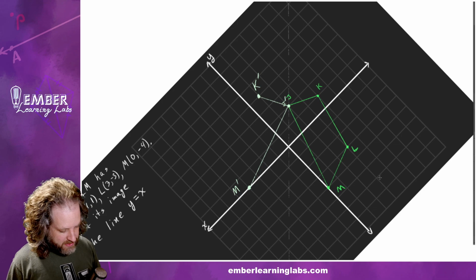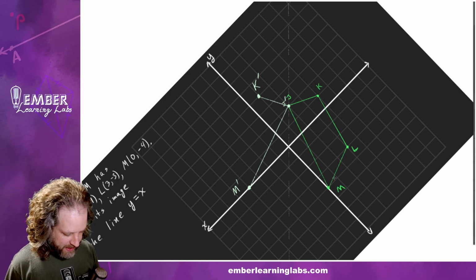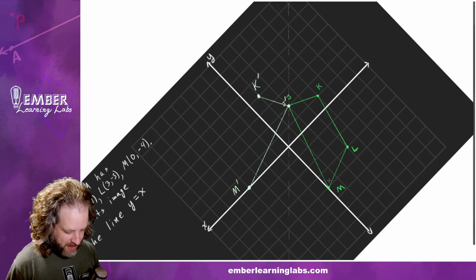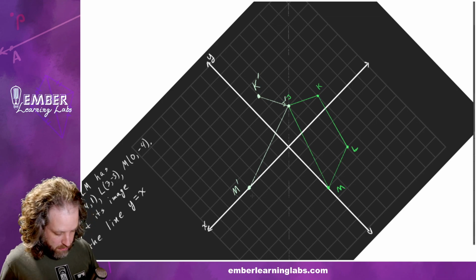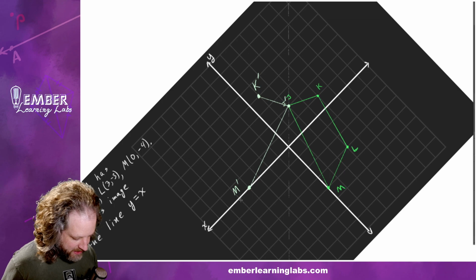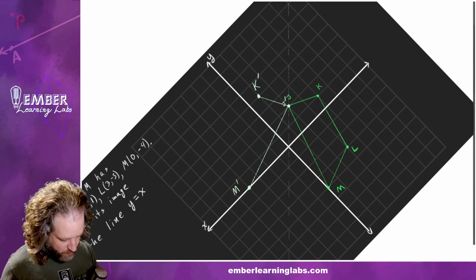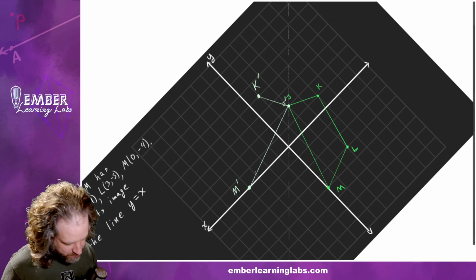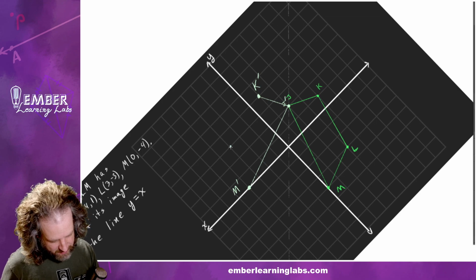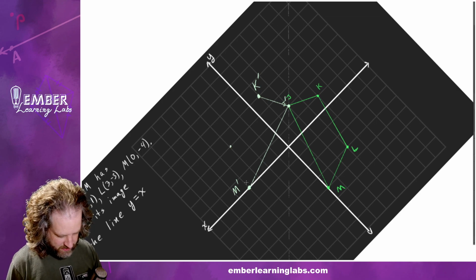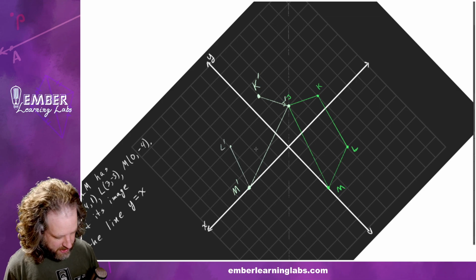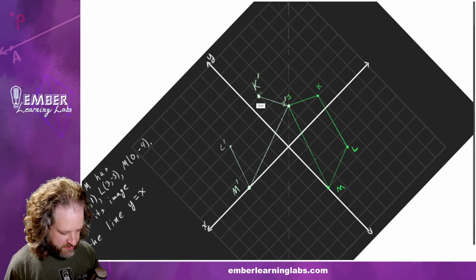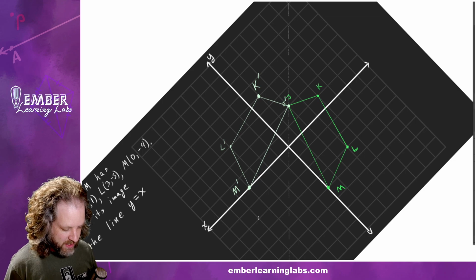So to get to L from there, I could count it maybe from the M. So I count up 1 and over 3, and I get to L prime, right? So if I connect that to L prime, are we staying symmetrical? Yes, we are. There it is.